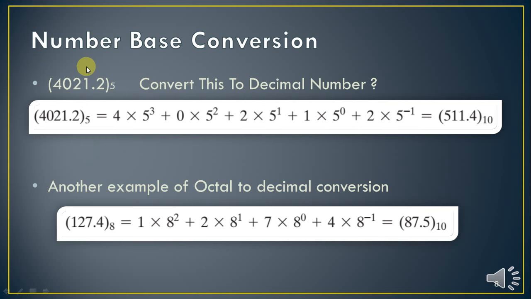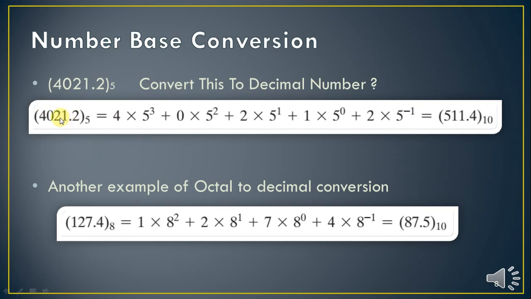Conversion from any number to decimal is easy: we multiply each digit by its radix to the power of its position. The position starts from 0 1 2 3, as we have seen before.